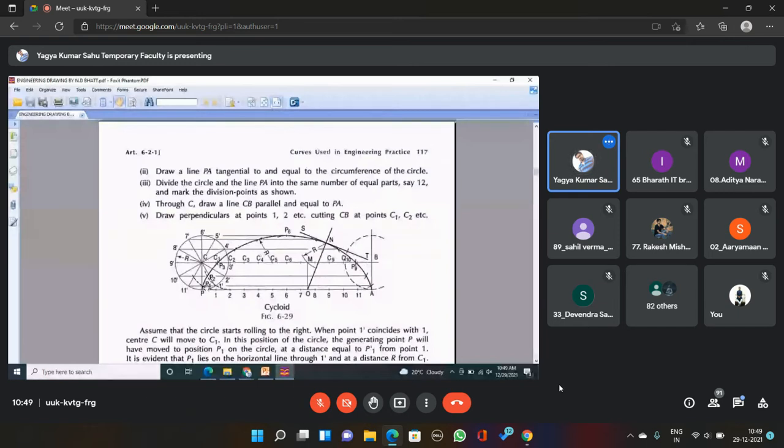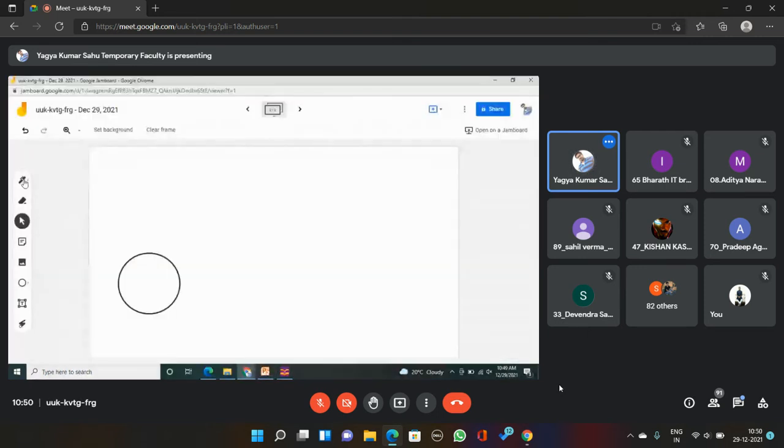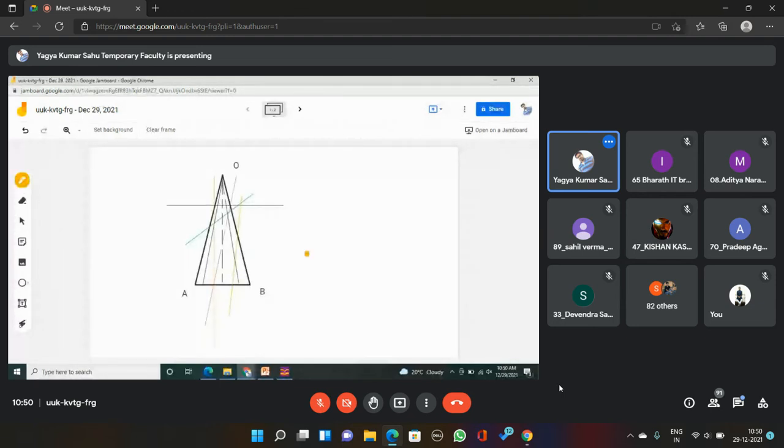If I find the points at some intervals on the circumference of this curve, like this, is it easy to draw?